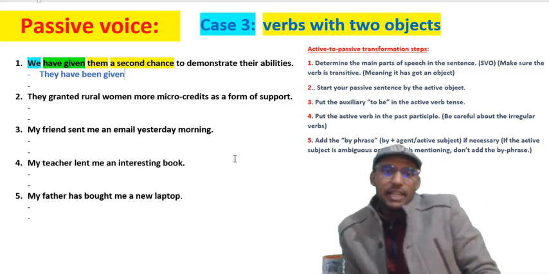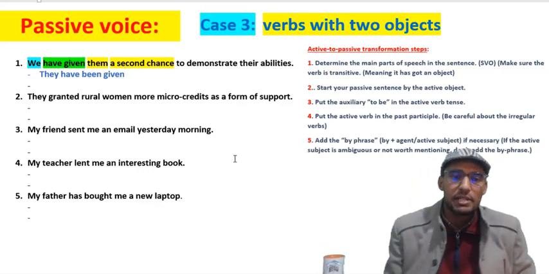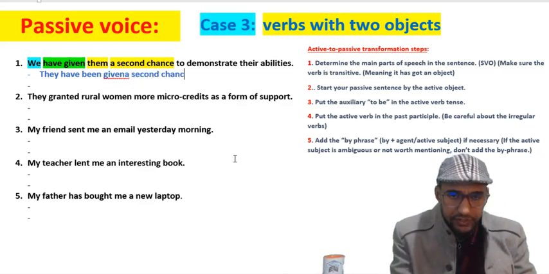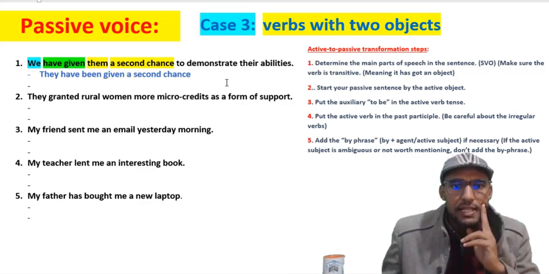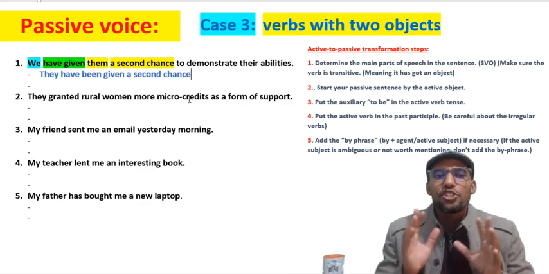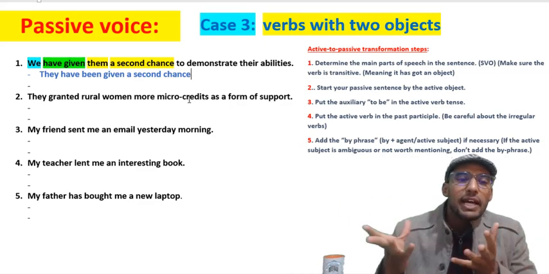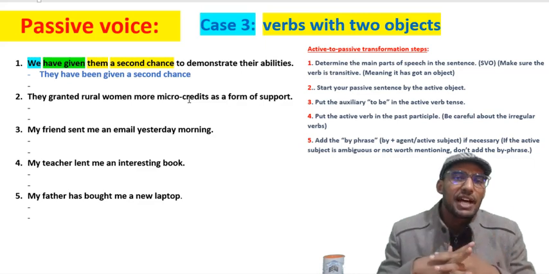They have been given what? Now we complete our statement: a second chance. They have been given a second chance. We have "by us" here, but it doesn't make any sense, so let's do it without adding "by us."